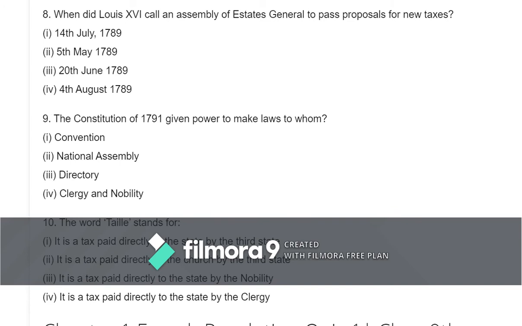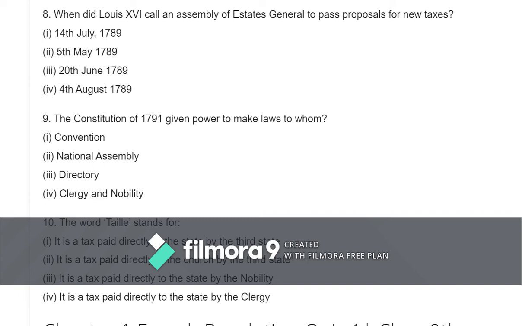Our eighth question is, when did Louis XVI call an assembly of Estates General to pass proposals for new taxes? So the meeting of Estates General was called on 5th May 1789, in which the first and second estates sent 300 representatives each, and the third estate sent 600 members.